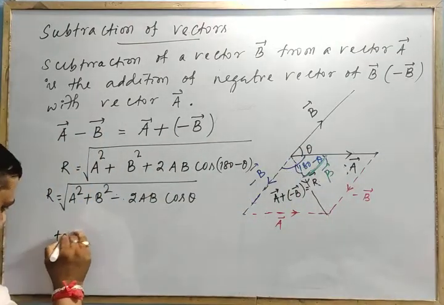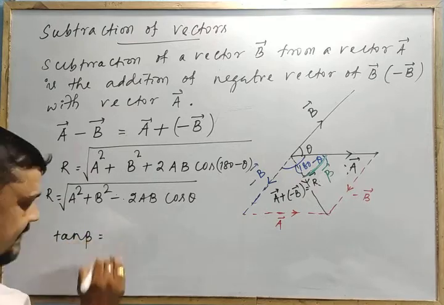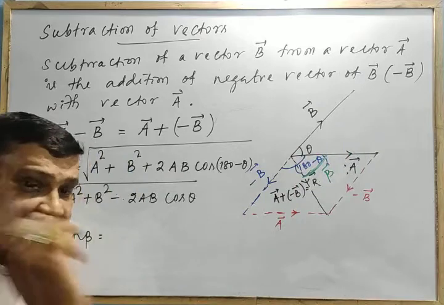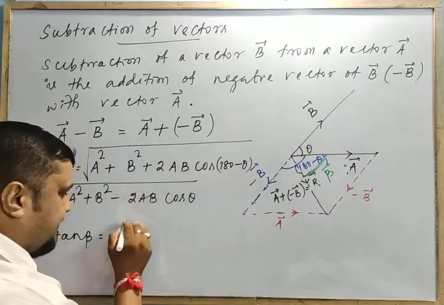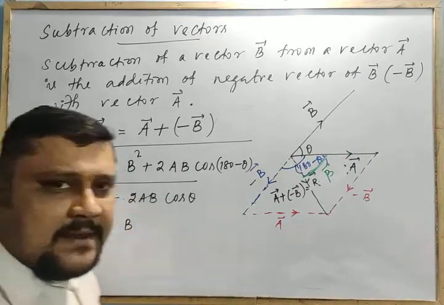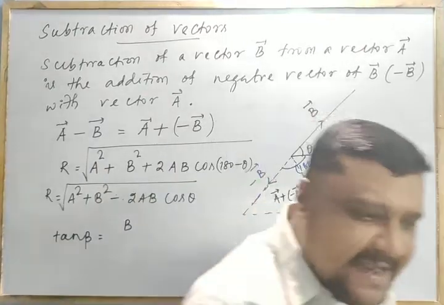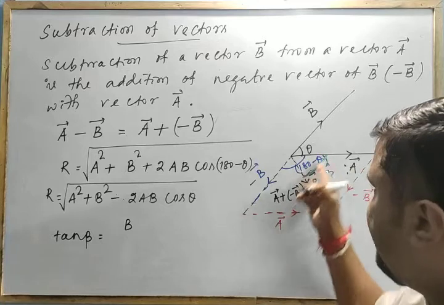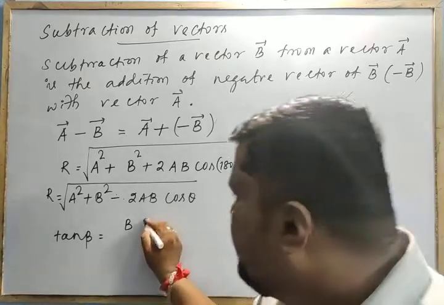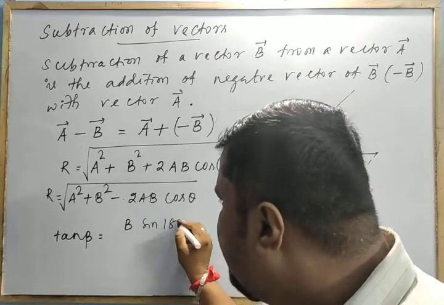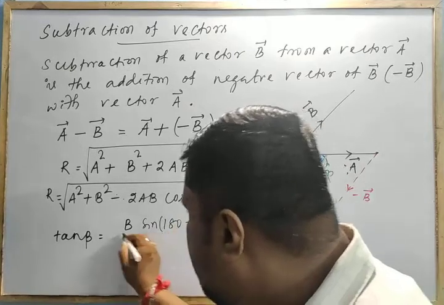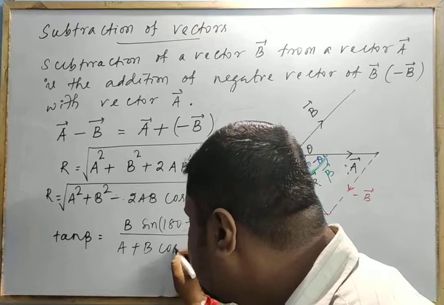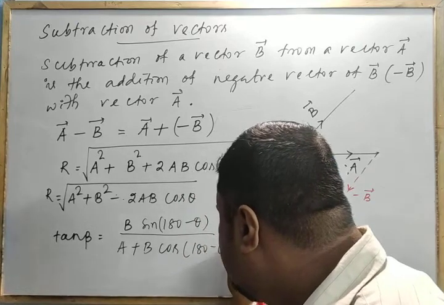Tan beta is equal to the magnitude of the other vector over the one it makes the angle with, A. So remember the sequence. Magnitude of minus B is B, so B sin theta, where theta here is 180 minus theta, the angle between these two. So tan beta is B sin of 180 minus theta divided by A plus B cos of 180 minus theta.